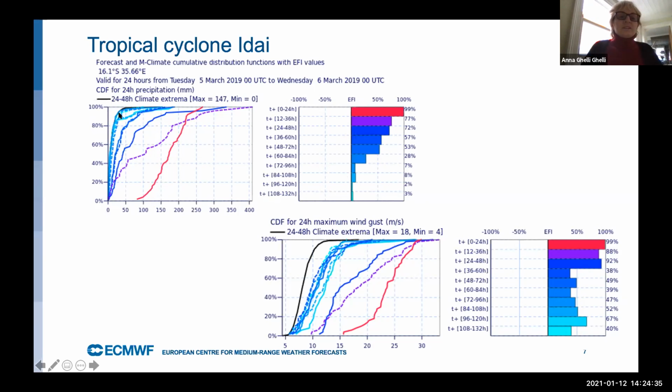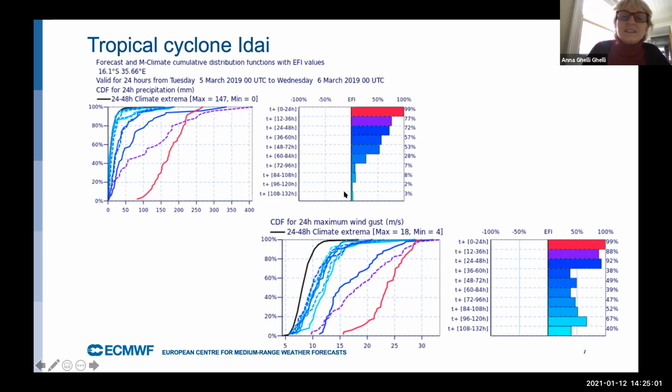You can see that the forecast ranges more in the past, like 108 to 132, so the 6 to 7 day forecast, are actually very much in line with the climate. You see the distance between the bluish line and the black line is basically no distance.